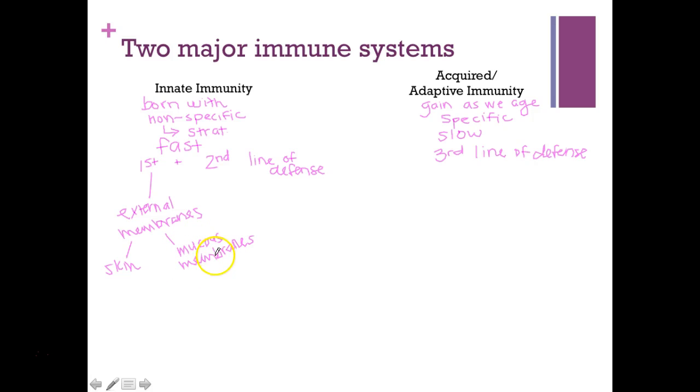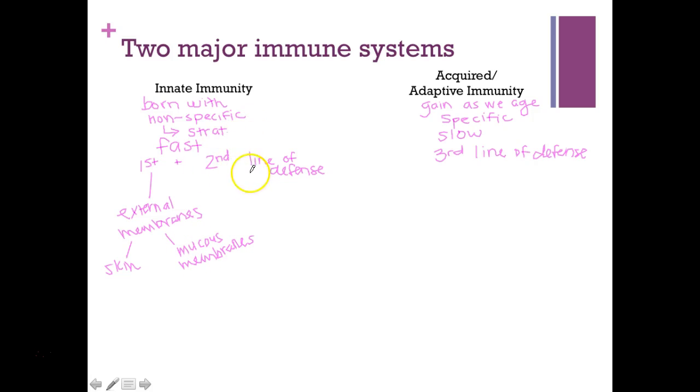That's all made up of mucous membranes that have some exposure to our external environment. We'll talk about more specifics of how these serve as barriers in class. I don't want to get into specifics here.